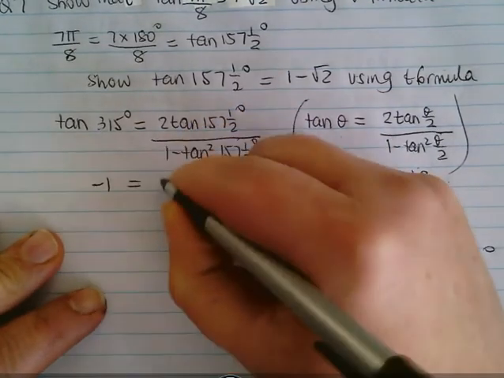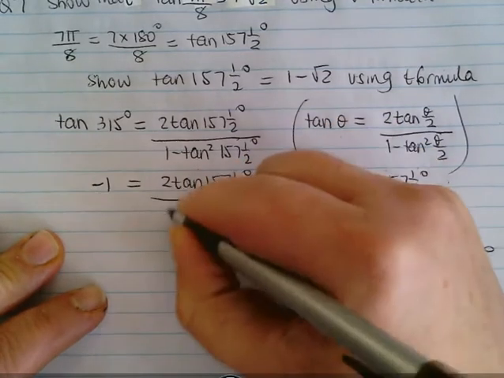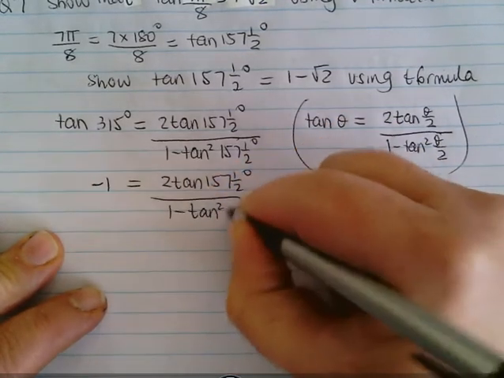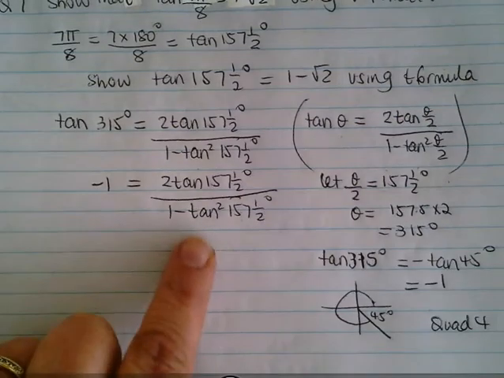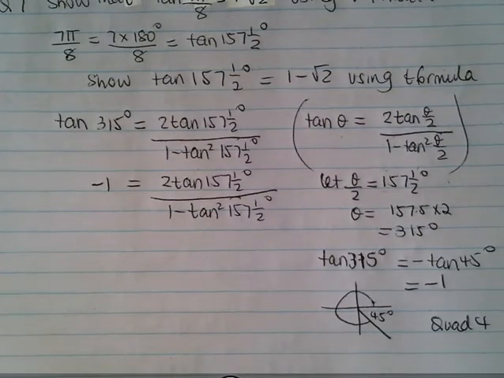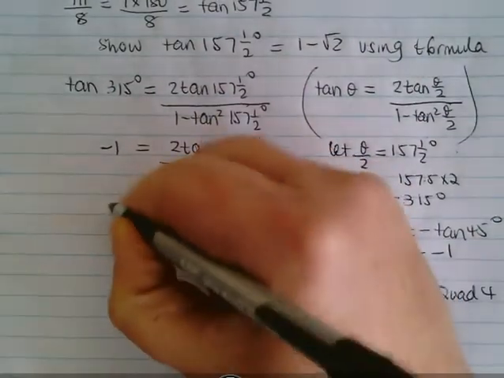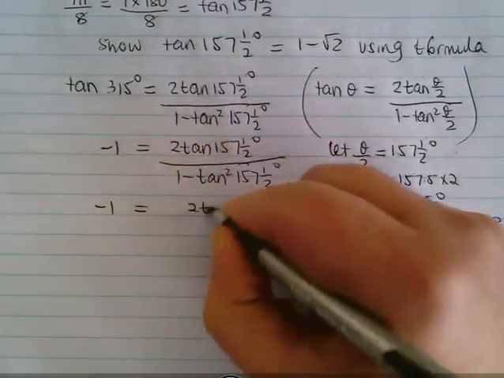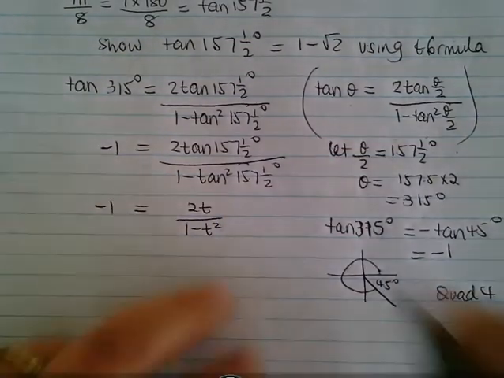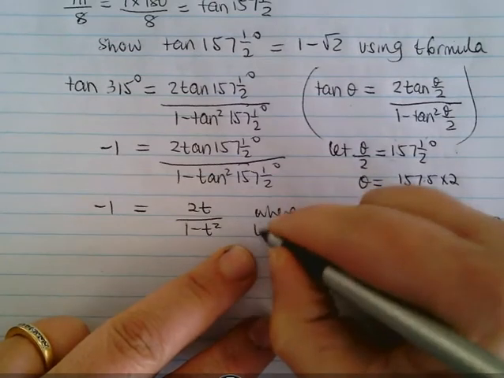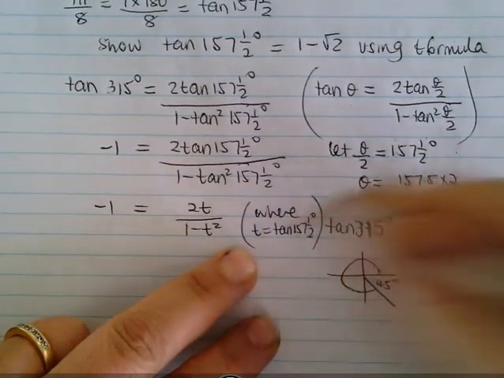So negative 1 equals 2 tan 157.5 degrees over 1 minus tan squared 157.5 degrees. Now, instead of using tan 157.5, can we just write T? All right. So I'm just going to write that negative 1 equals 2T over 1 minus T squared because it's just getting too messy, where T is tan 157.5 degrees.